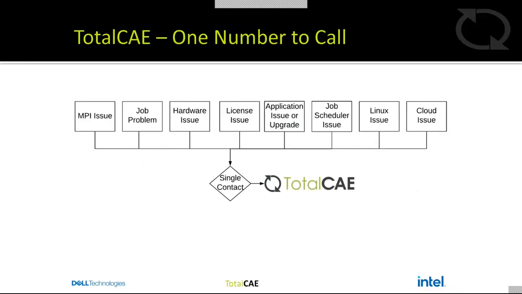We work closely with ANSYS support, so if there is some kind of issue, we will have diagnosed it all the way up to the model. We can't fix the model itself, but we can at least identify that there's something weird happening with the model, and help get it resolved. So you just have one number to call for whatever your issue is, and our team is going to help figure out what's going wrong to make sure you can keep your deadlines.